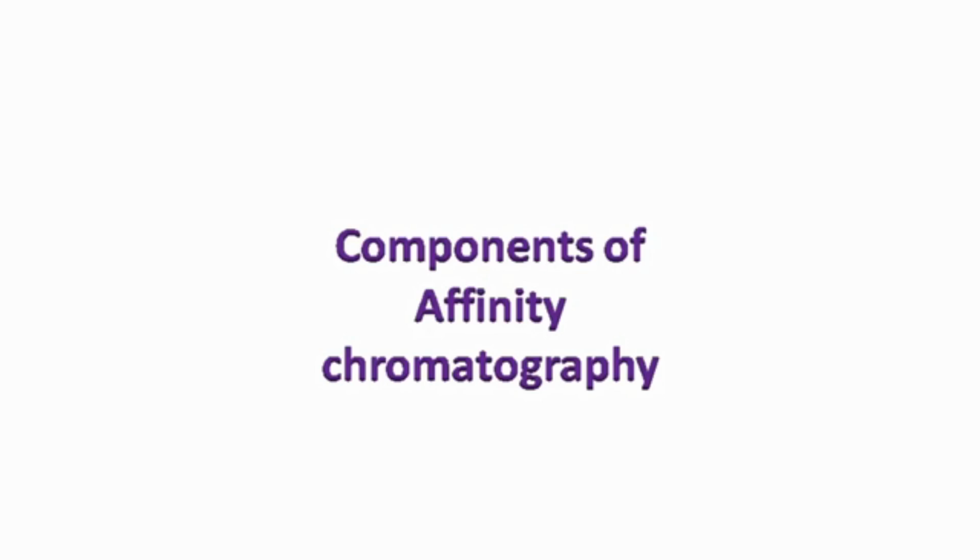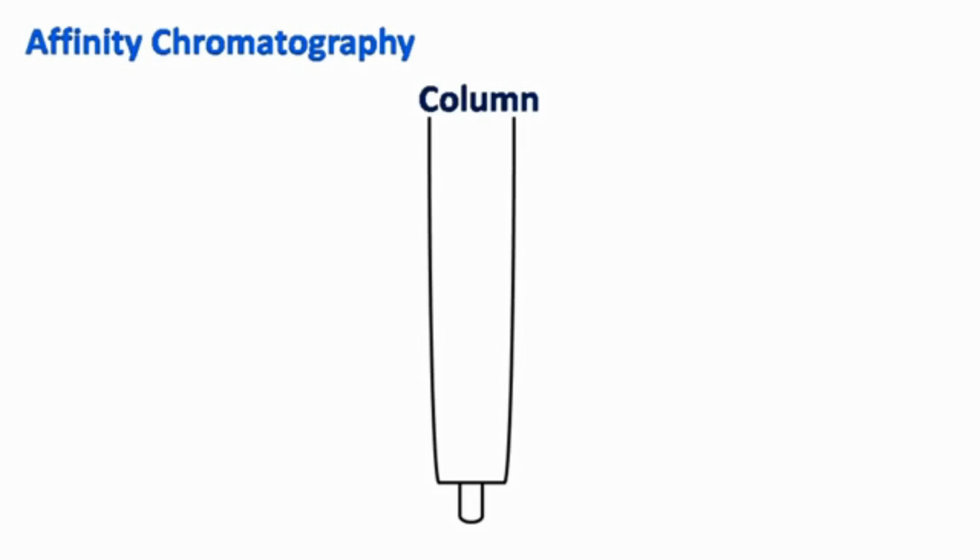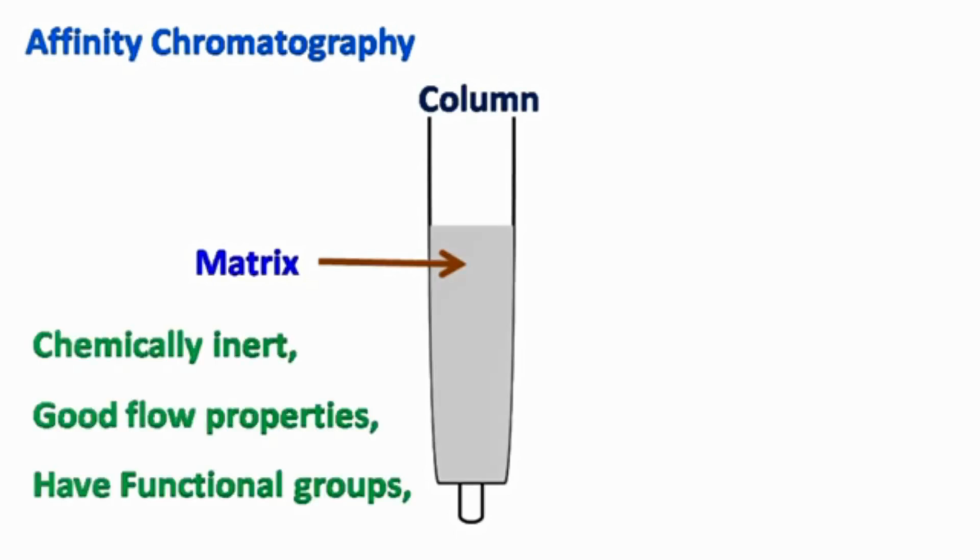Let's see different components of affinity chromatography. It is usually carried out in a column, which is filled with the supporting material or the matrix. The matrix should have the following properties: it should be chemically inert, should exhibit good flow properties, and should have sufficient functional groups for the covalent binding of the ligand.